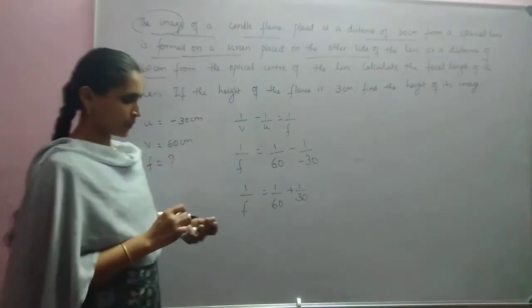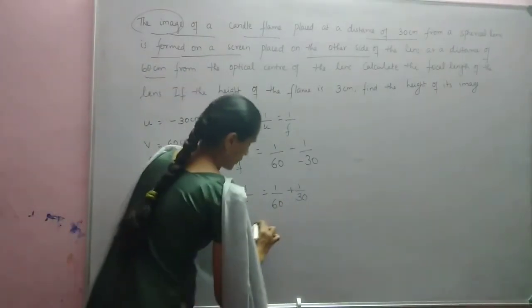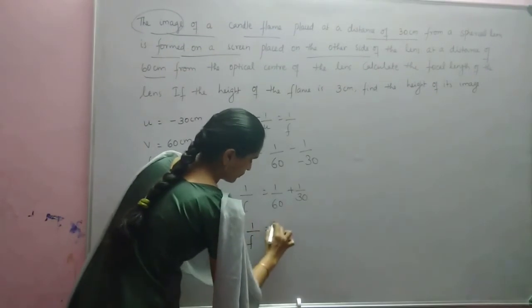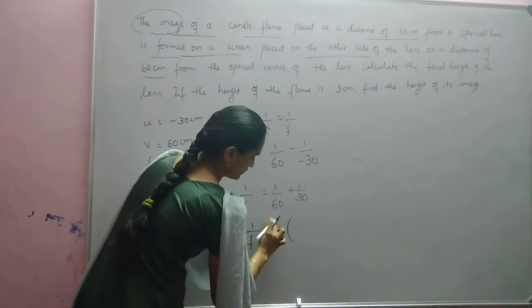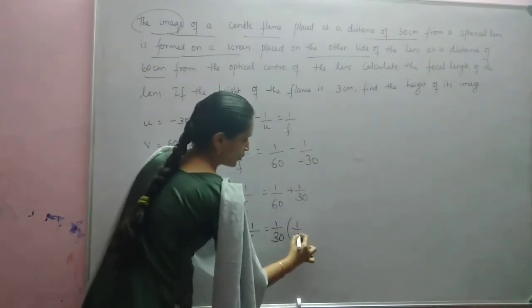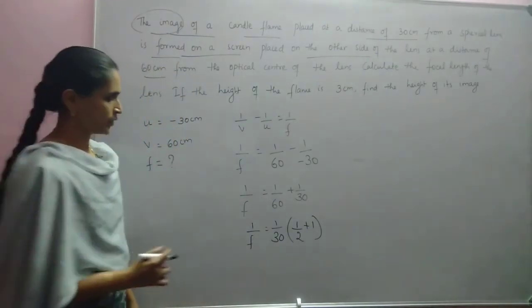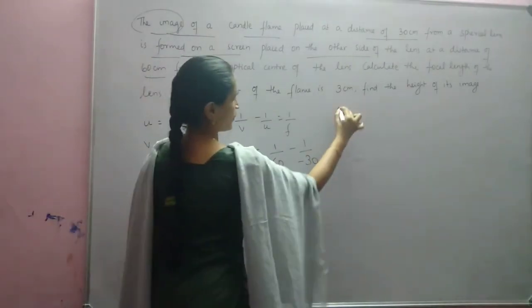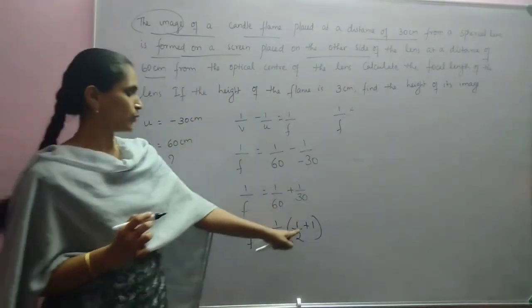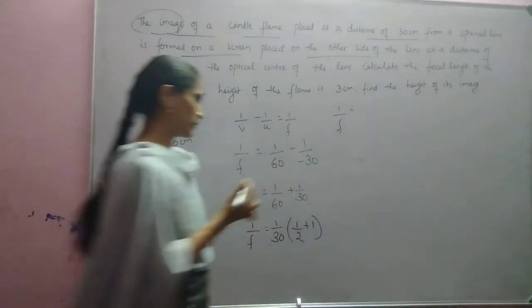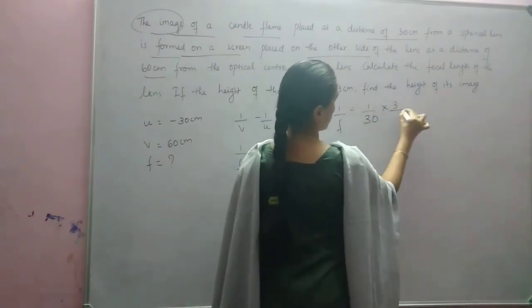I am taking 1 by 30 common from both. So 1 by F is equal to 1 by 30 into 1 by 2 plus 1. So you will get 3 by 2. 1 by 30 into 3 by 2.